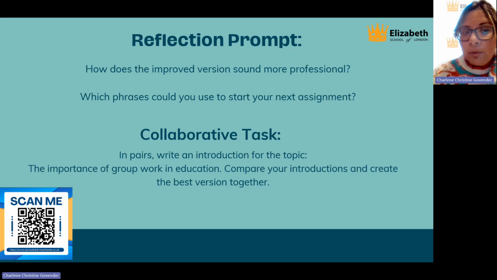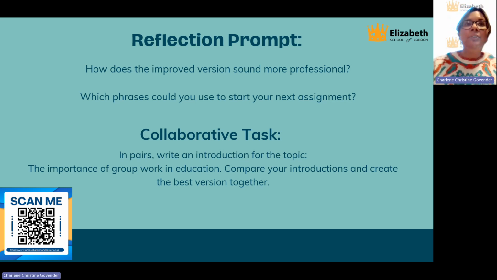And in your pair or groups of three, write an introduction for the topic. And your topic introduction is the importance of group work. So you're only writing an introduction, okay? I'm not asking for a fully fledged essay, just an introduction, introducing your topic, and your topic is the importance of group work in education.